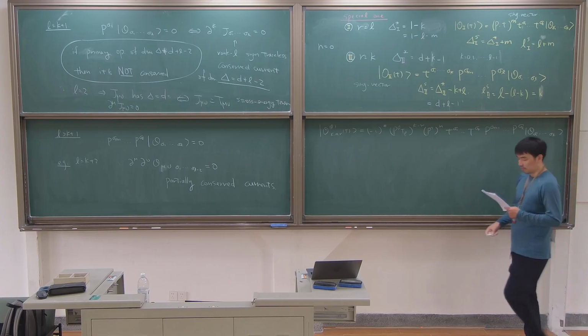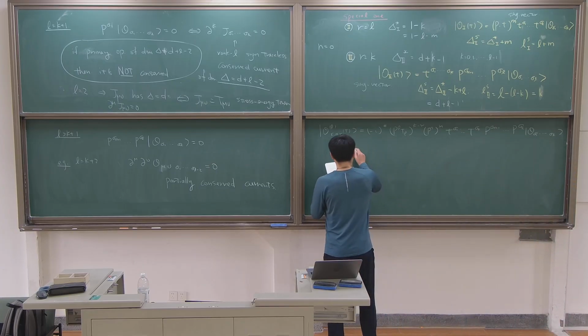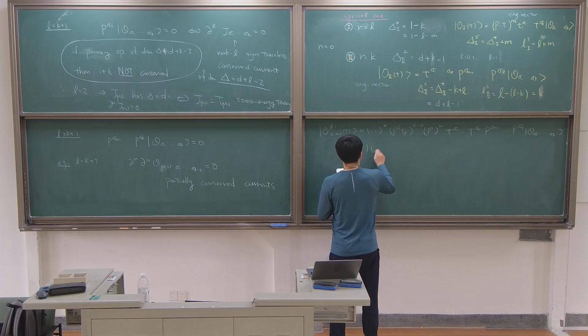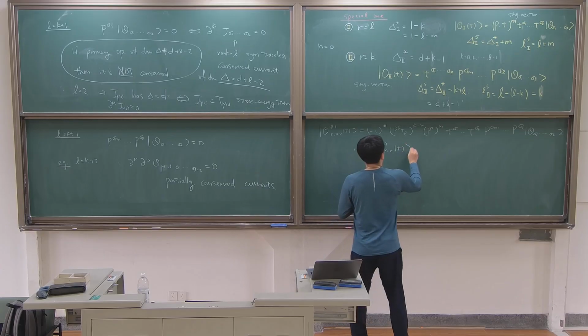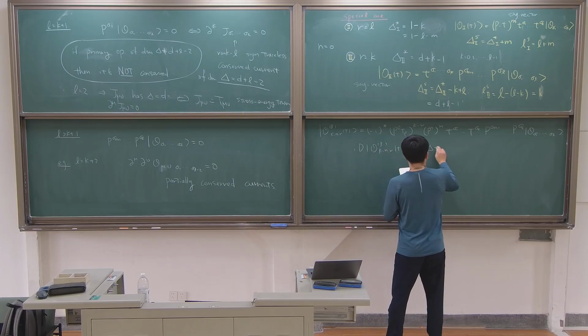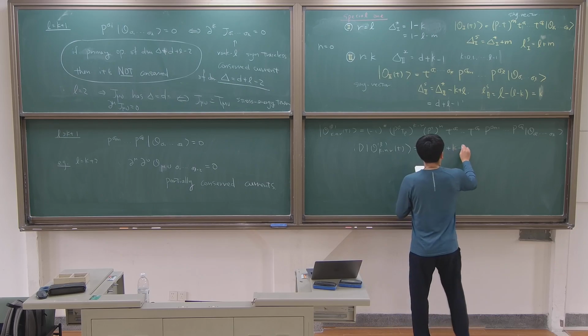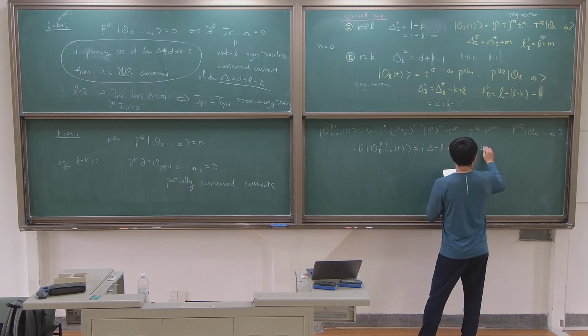And this has a conformal dimension. So the conformal dimension of this operator K, N, R, T is equal to delta star plus L plus K plus 2N minus 2R. Okay?